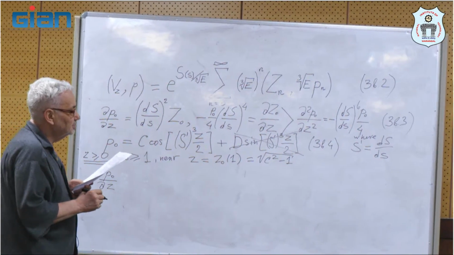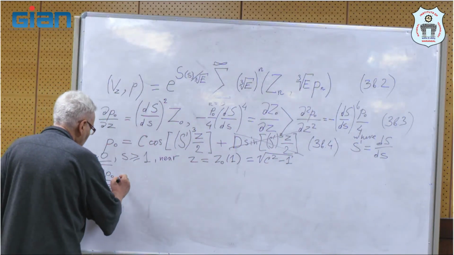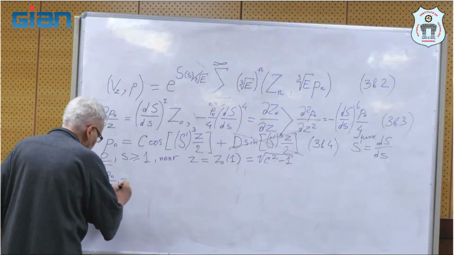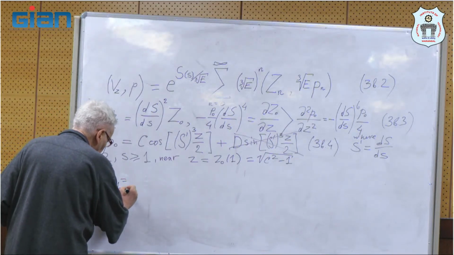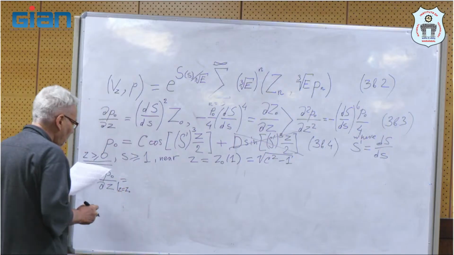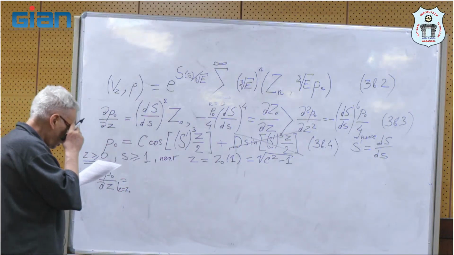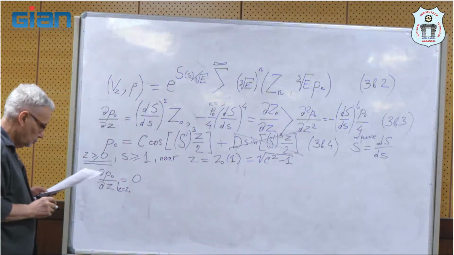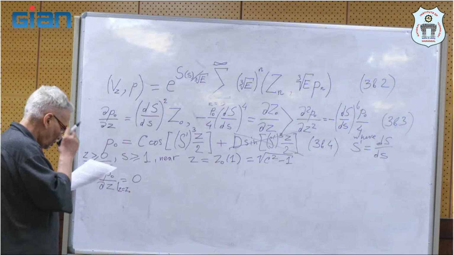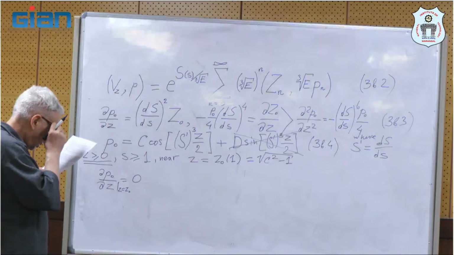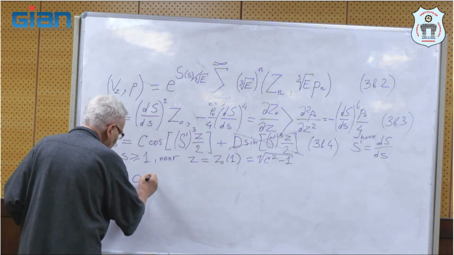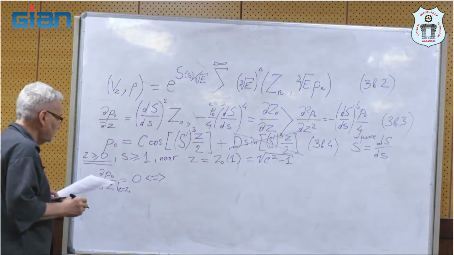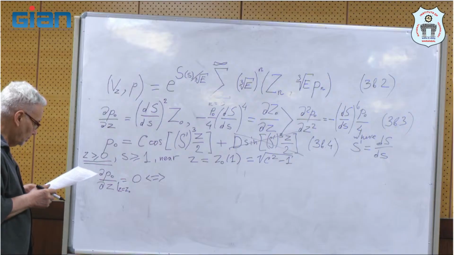Let's write it in slightly another form: at the point z equals z naught, it is just equal to 0 at this boundary. And it's actually identically the same as this singular function.